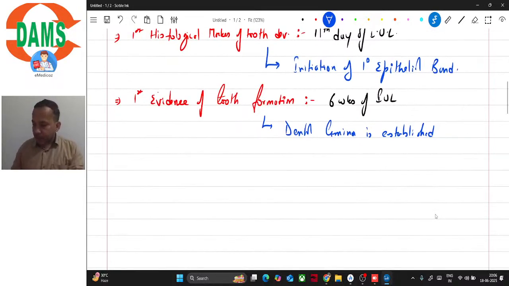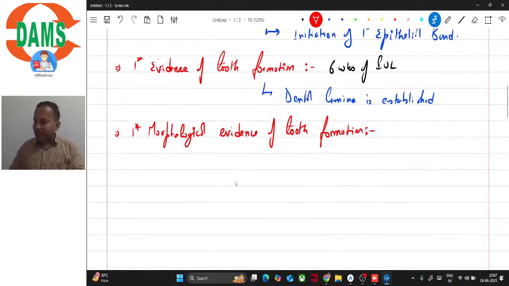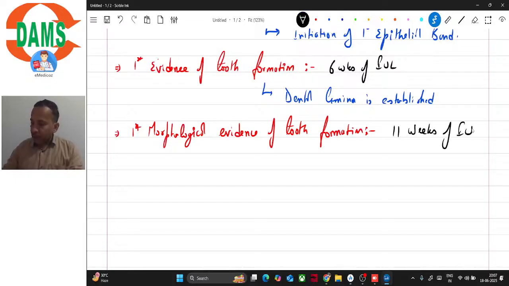Next, first morphological evidence of tooth formation. So the first morphological evidence of tooth formation is seen at 11 weeks of intrauterine life. And what happens here?